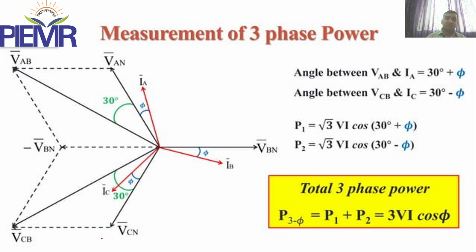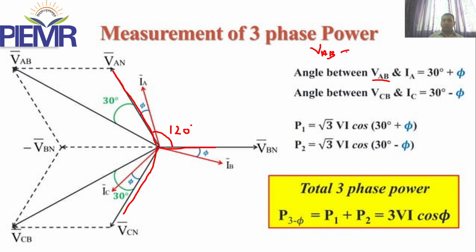What does the phasor diagram suggest? We have three-phase voltages. We first assume that the three phase voltages VAN, VBN and VCN are 120 degrees out of phase with each other. Now if we want the voltage VAB, VAB is what?